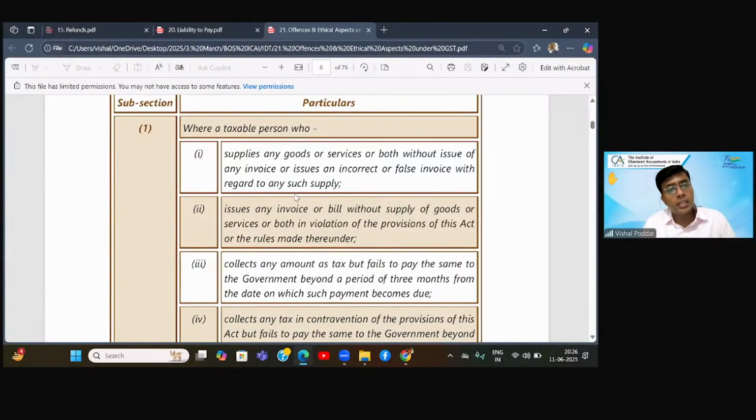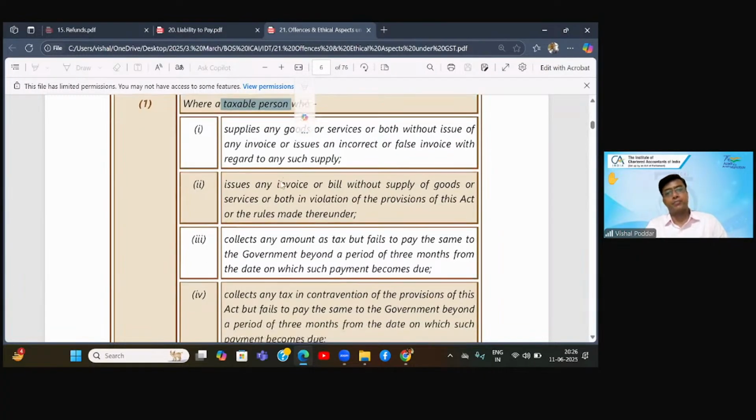Now, when you're reading the penalty provisions, you have to be very specific as to what penalty is to whom. So first we are studying subsection 1, which is making a reference of a taxable person. So a taxable person is that person either who is registered or who was supposed to be registered.